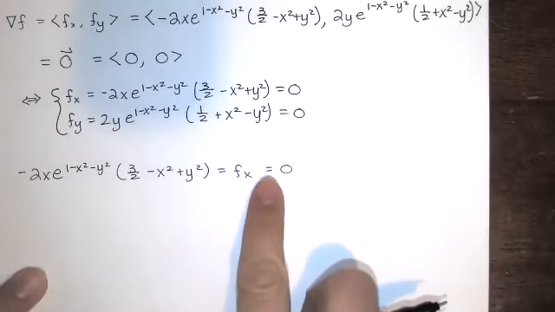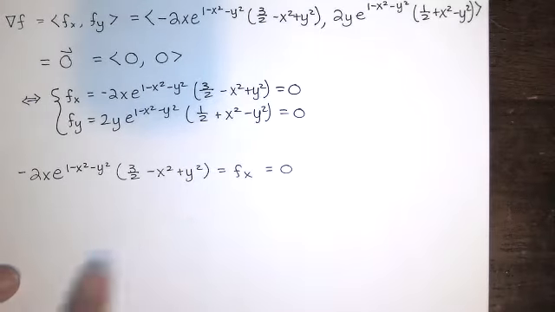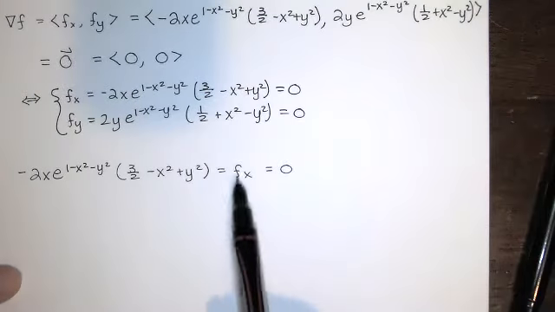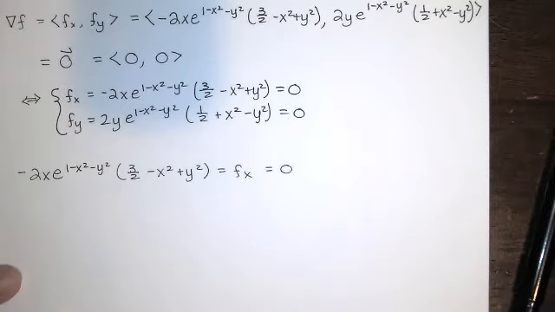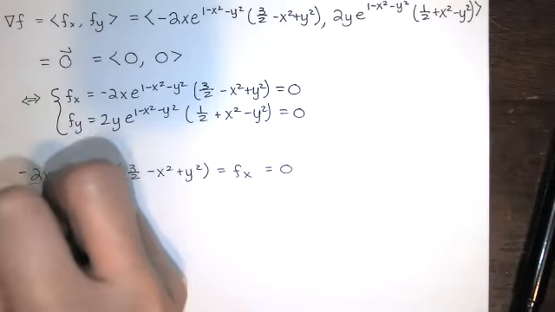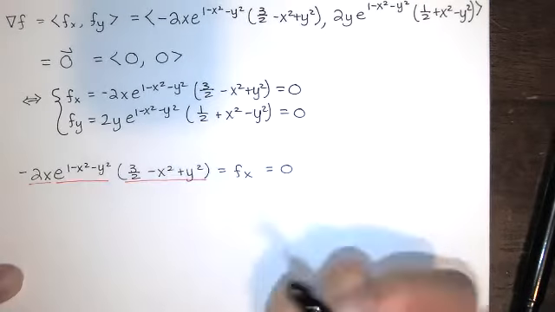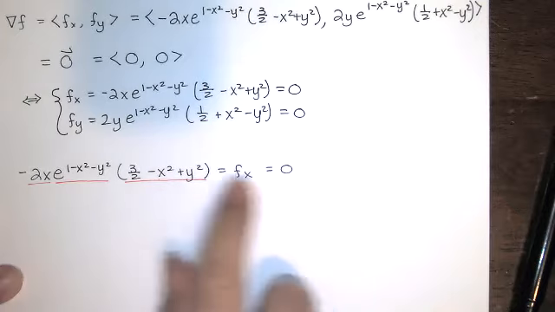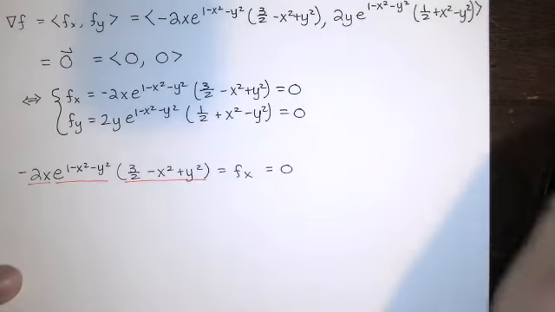This needs to be 0. In order for this to be 0, one of these factors that makes up the partial of f with respect to x has to be 0. So we've got this times that. And the only way that product is 0 is if one of the factors is 0.